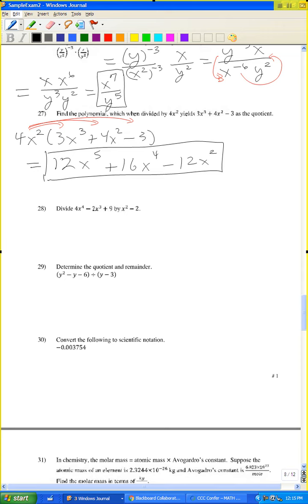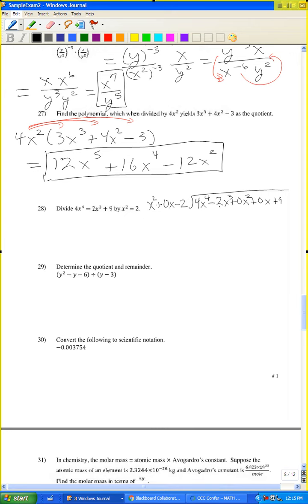28. Divide x squared minus 2. So divide x to the 4th minus 2x cubed, no x squared, no x, plus 9.